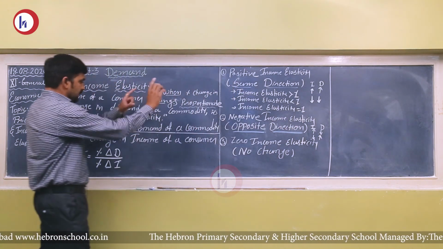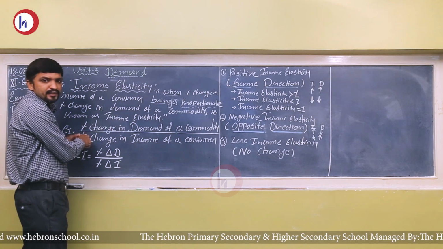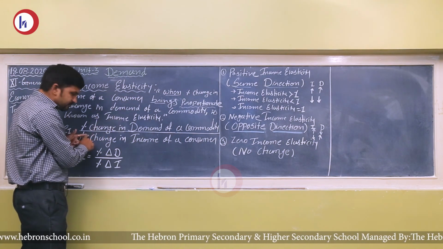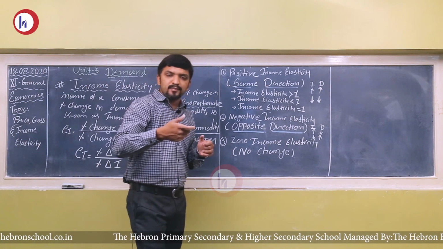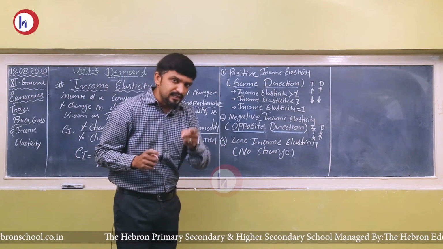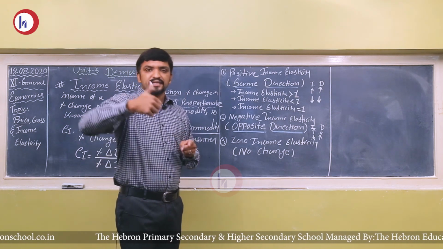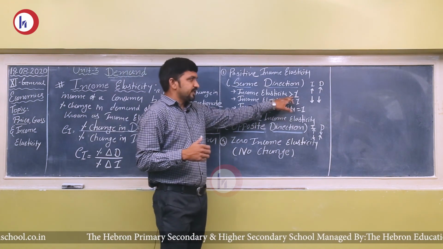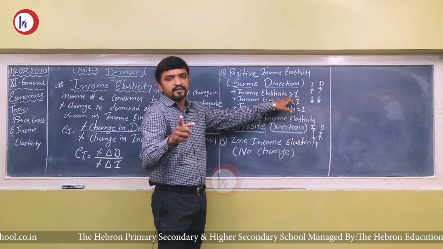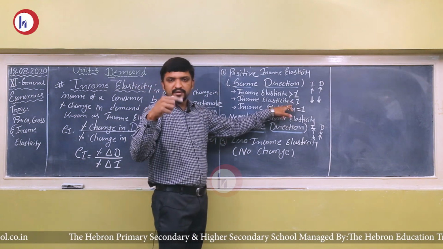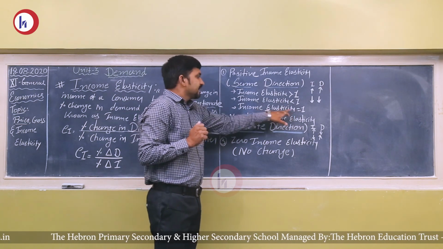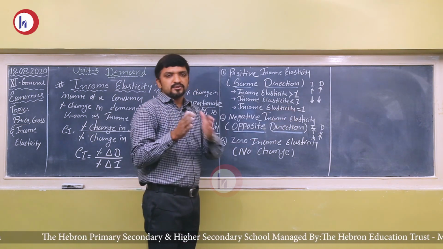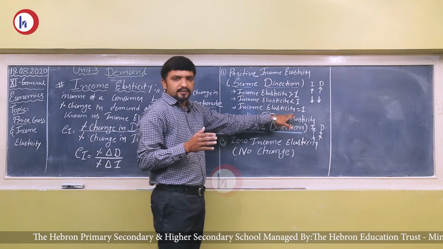Keep the same formula in mind and remember the meaning of elastic demand, inelastic demand and unitary elastic demand. In elastic demand answer was greater than 1, here also greater than 1. In inelastic demand it was less than 1, here also less than 1. In unitary elastic demand it was equal to 1, here also equal to 1.